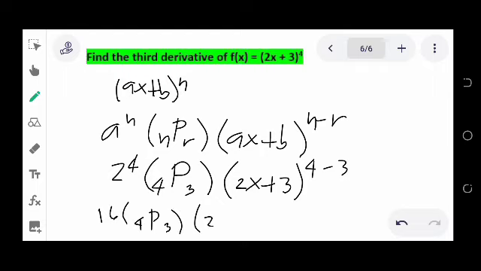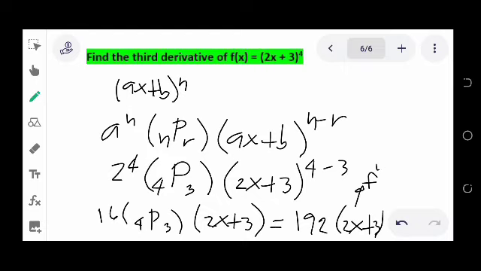Then you have 2x plus 3 to the power of 4 minus 3, which is 1. So this will now be equal to, if you take 4 permutation 3, multiply it by 16, that will give you 192 times 2x plus 3. So this now is our third derivative, or f triple prime of x. So that is now our answer.